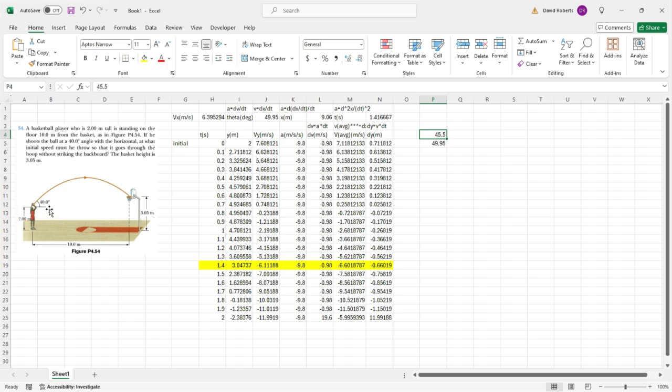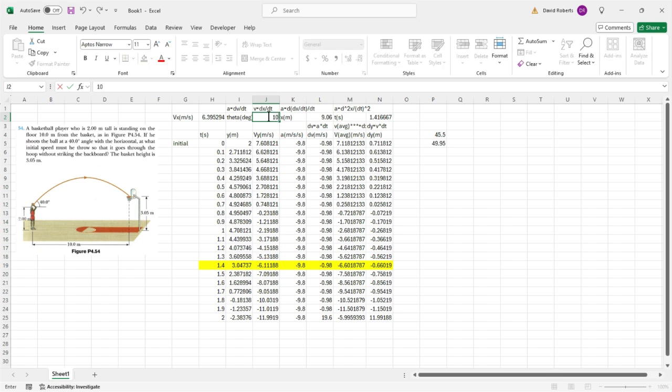So again, if you were shooting directly at the basket in a line, and you were going for 1.41 seconds, well, let's just pick a... I'm just curious because we can change this angle to like 5 degrees.